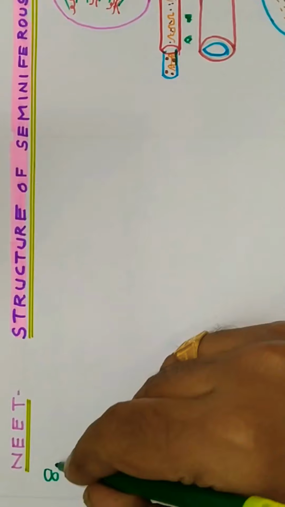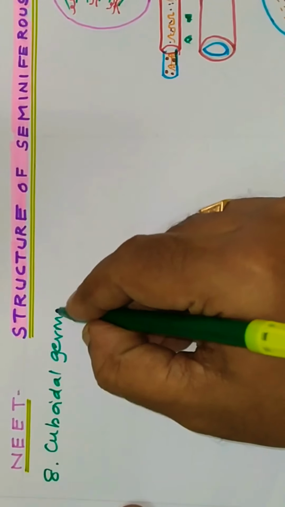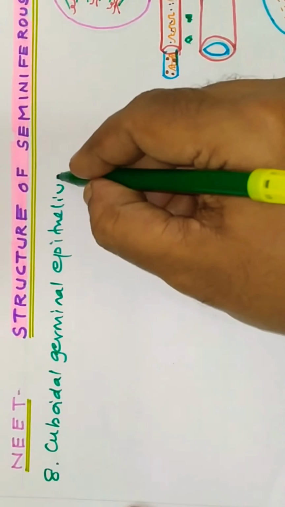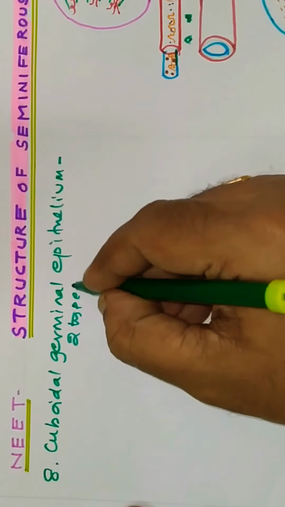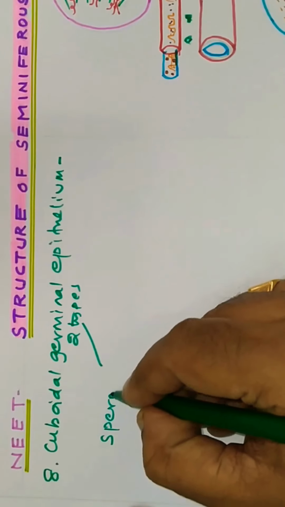So the cuboidal germinal epithelium is made up of two types of cells. Number 1, sperm mother cell.